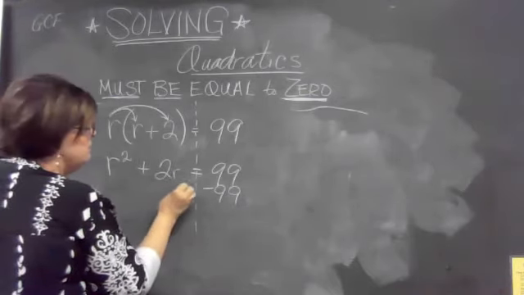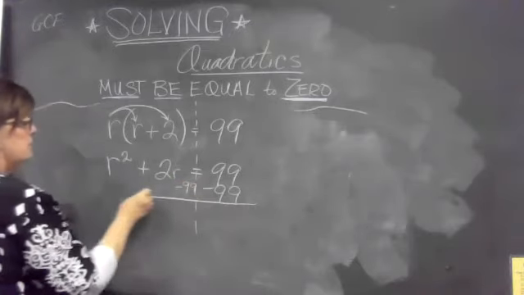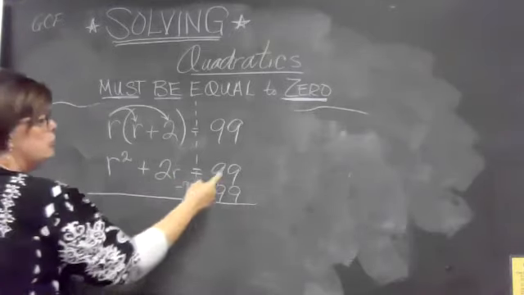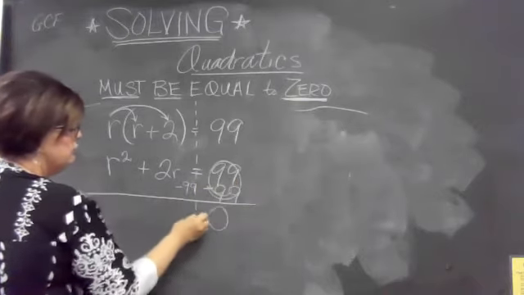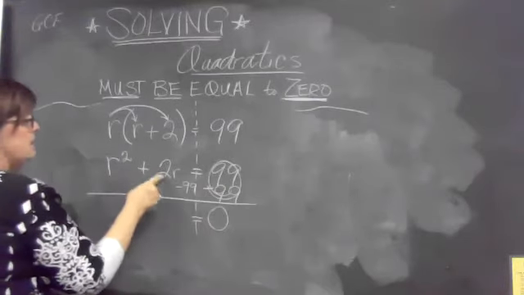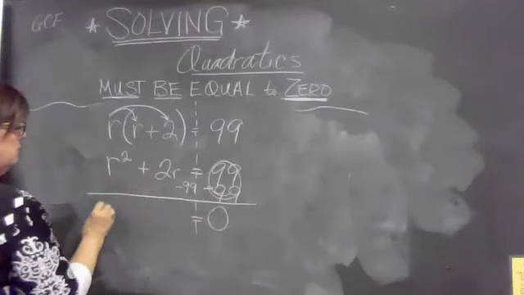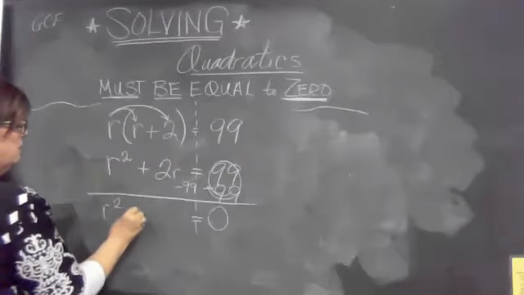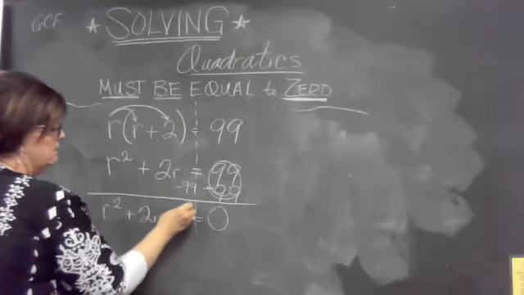So I'm going to make its little place right over here. It's got its own little column, and I'll show you how that works. We know that if I have 99 minus 99, now I have 0 over here, just how I need it. And over here, I have to write each piece separately because they're not common terms. So I have r squared plus 2r minus 99.